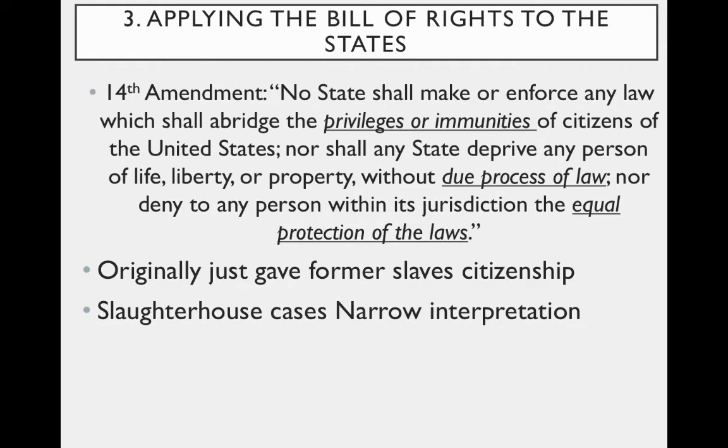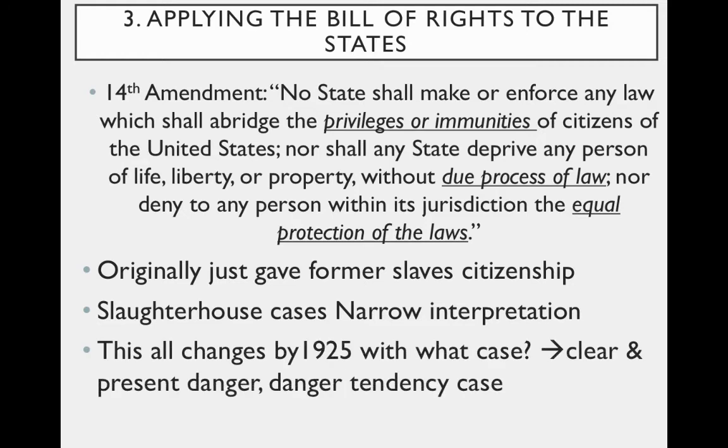But then after the slaughterhouse cases, and once we start getting into the 20th century, the 1900s, the Supreme Court, as justices changed, started to realize that no, the Equal Protection Clause is a way for us to provide people with rights that they have at the federal level, but also the state level, and essentially create an equilibrium where just because you go from one state to another state, your rights aren't going to change. You're granted certain rights under the Constitution no matter where you live.